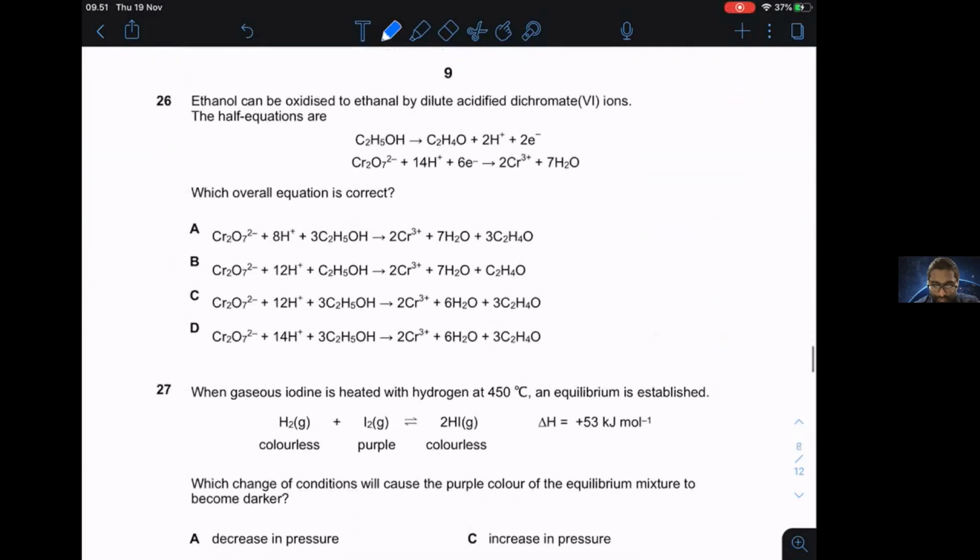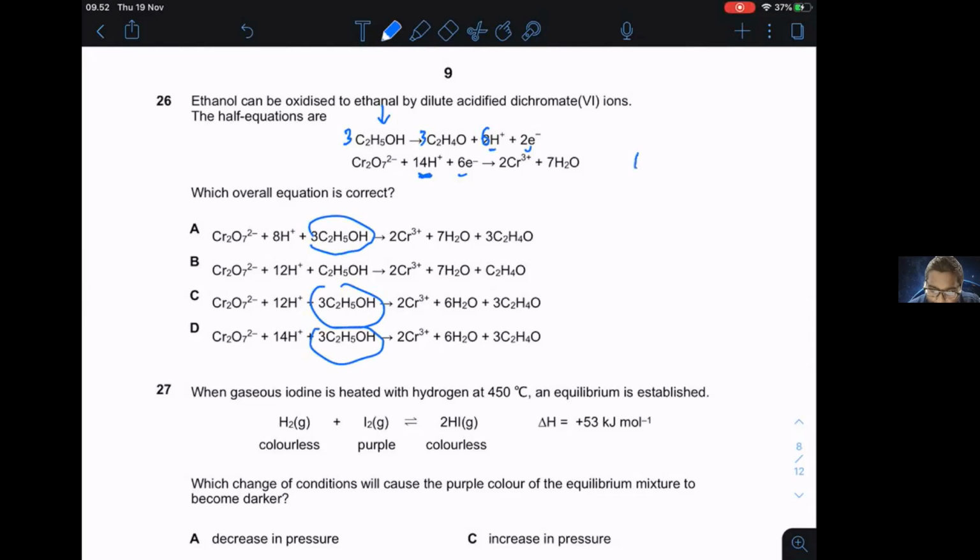Next, you have this equation, so I'll teach you how to do it very fast. 2 electrons, 6 electrons, so you need to times everything by 3 here. So look for the ethanol that has 3. You can see 3 is here, 3 is here, 3 is here. And then the 14, that's 14H plus. I didn't do anything about the H plus, but do remember 14H and then 6H is there on the right hand side.